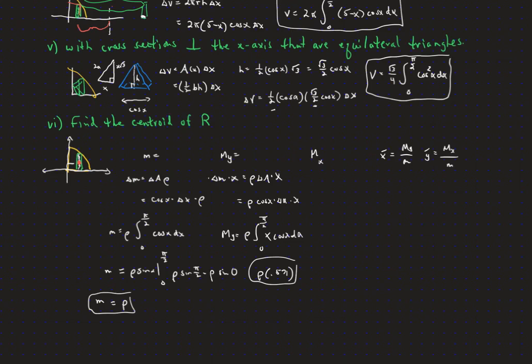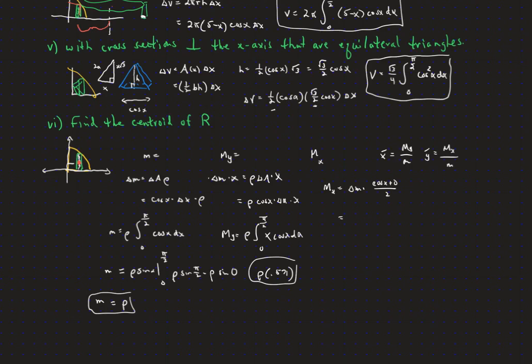The moment about the x, we're now going to see that this is our delta mass again, times the distance from the x-axis, which we're thinking of as the midpoint of that rectangle: the top curve, cosine x, plus the bottom curve, 0, divided by 2.